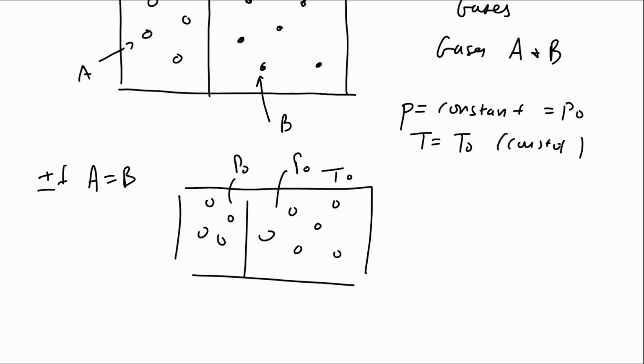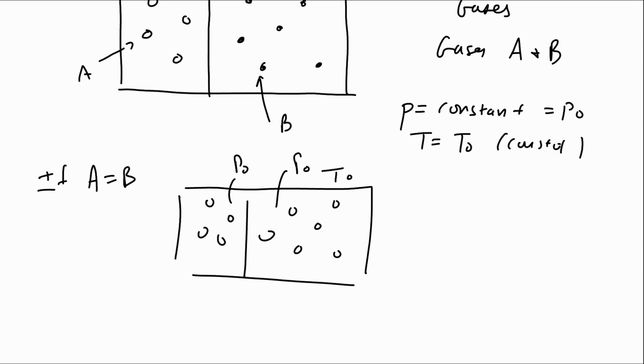I take the partition out, and I can put it back in. Now, we were talking about this before the class started. If there's only 10 atoms, they're bouncing around, I could take the partition out and put it back in, and instead of having 4 and 6, I might have 2 and 8, just by chance.